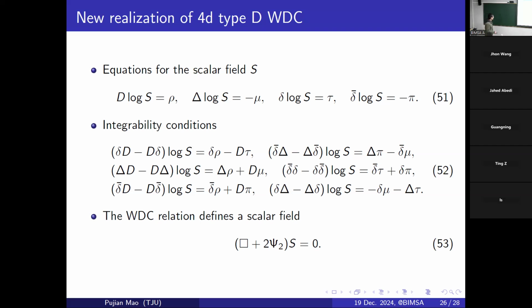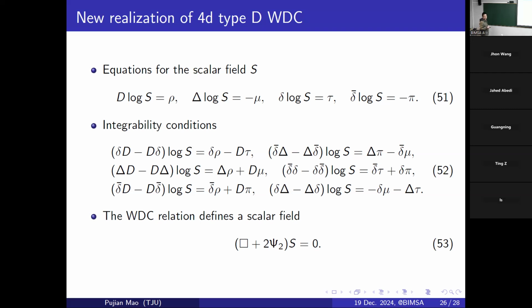And then the next step is which kind of equations for the scalar fields. This is a first order differential equation. And we show that if the scalar fields satisfy those equations, they must satisfy Weyl-like equations, but with a source term psi 2.